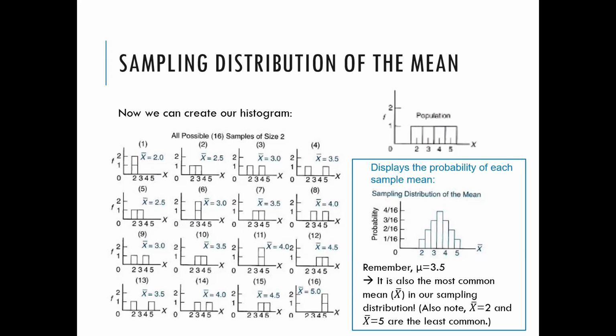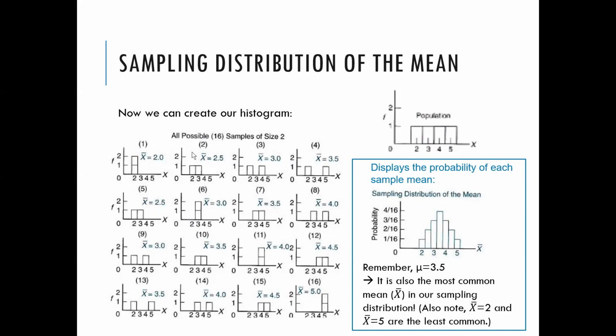Let's say it's like 4 marbles, and each one has a number: 2, 3, 4, 5. We take out a marble, write down the number, we get a 2, then we put the marble back, take out a marble again, and we get another 2. This is called sampling with replacement.